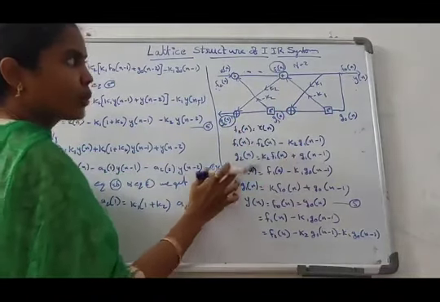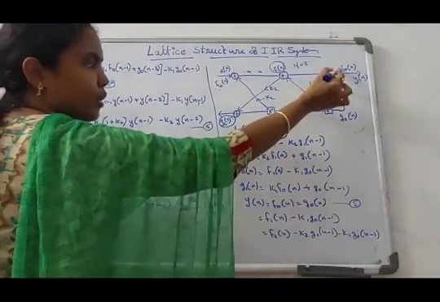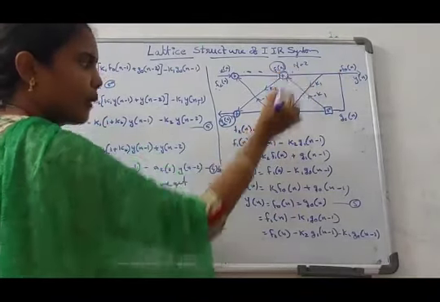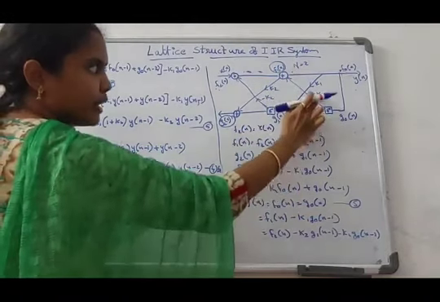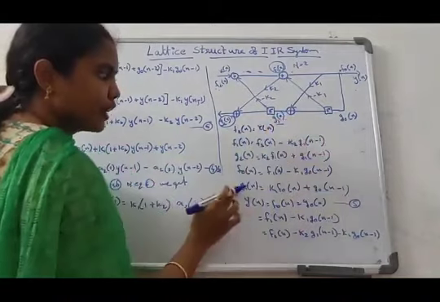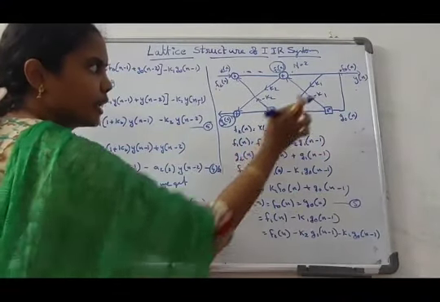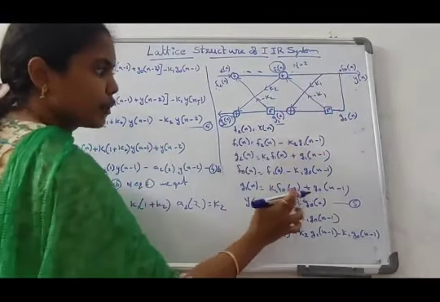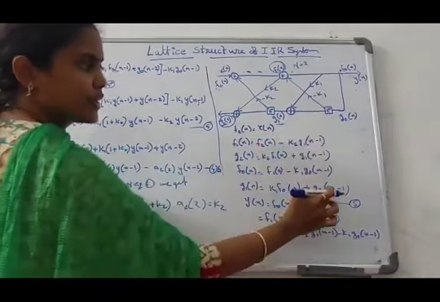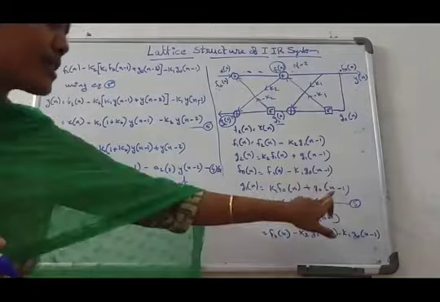Now how to get F0 of n? F0 of n is F1 of n minus K1 into G0 of n minus 1. How to get G1 of n? Here K1 into F0 of n plus G0 into Z inverse, that is G0 of n minus 1.